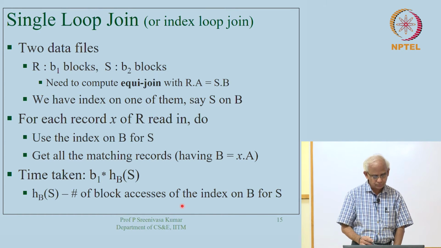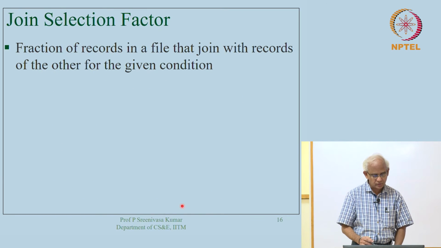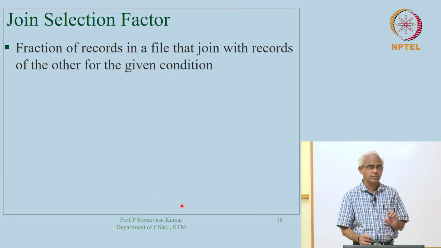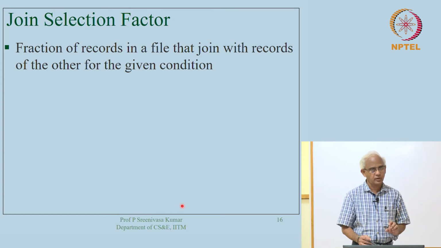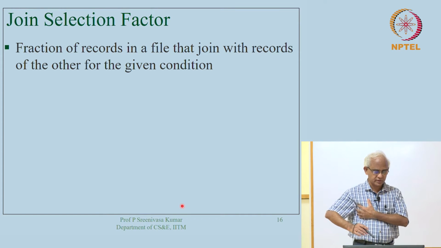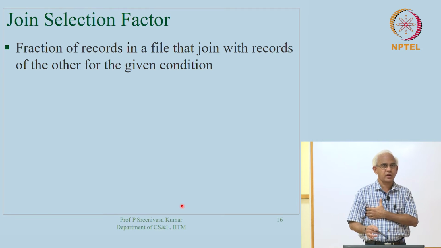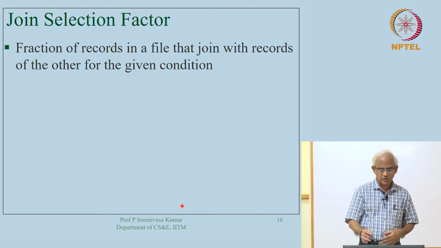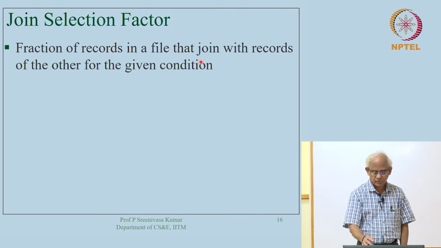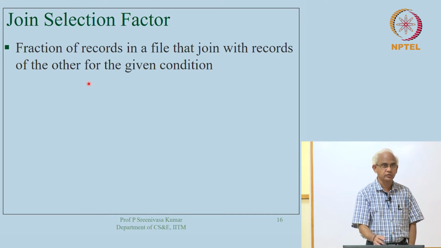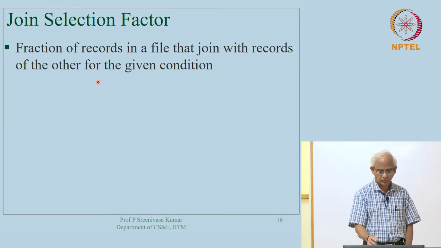Now, there is one other important issue that comes up, which is called join selection factor. What is the fraction of records in a file that join with records in the other file, for this specific given condition?